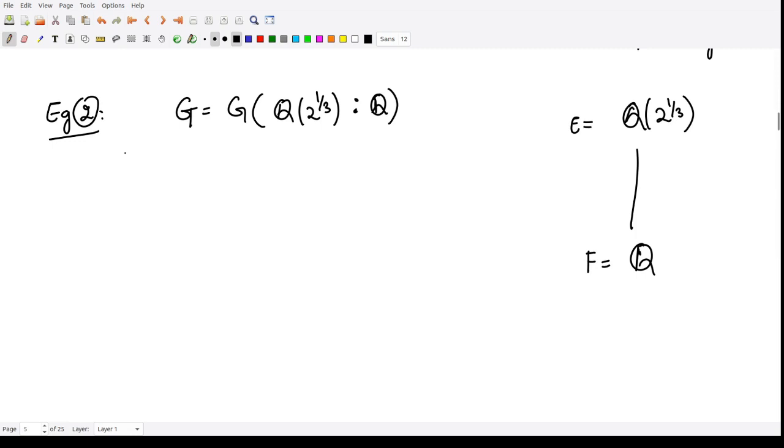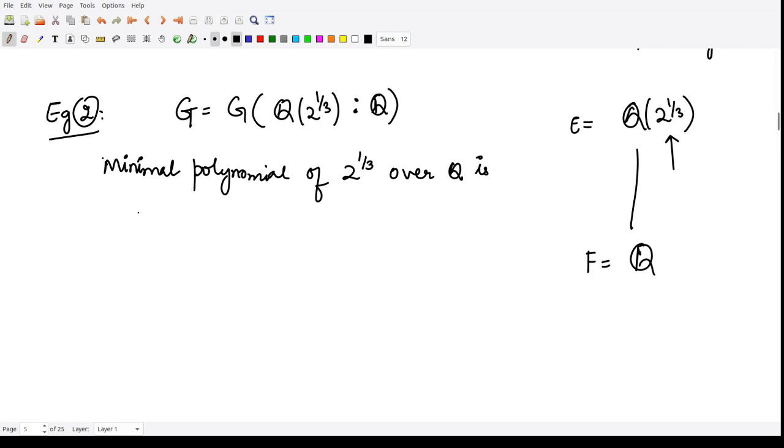So now the minimal polynomial, because this element has been adjoined to this, therefore the minimal polynomial of 2 to the power 1 by 3 over Q is x cube minus 2, because when you substitute x is equal to 2 to the power 1 by 3 and when you cube both sides, you will have this.